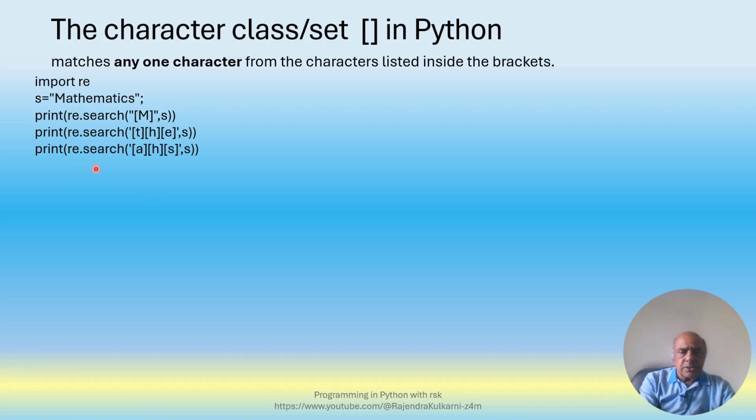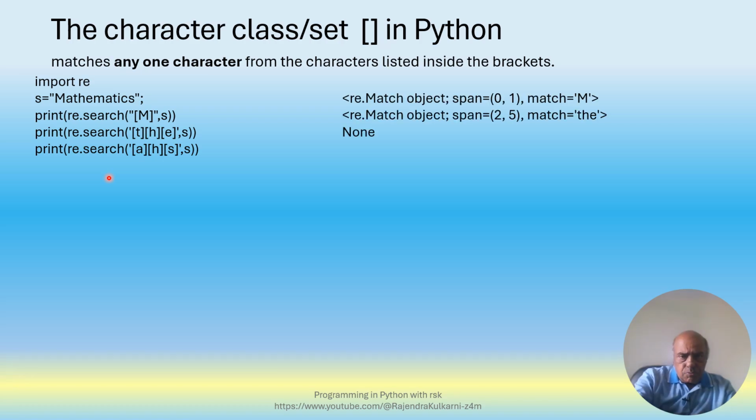And the third criteria is re.search with single quotes, A, H and S characters individually enclosed within the square brackets, and the search string is s. The program output is: the first re.search, M, gives us a match as M. The second re.search statement gives us a match as THE, where the span is 2 to 5.